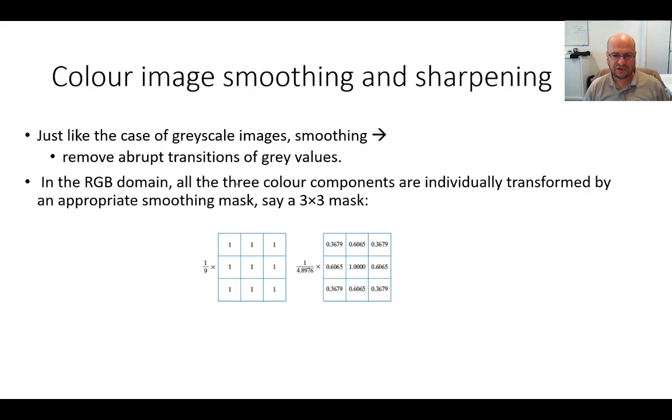We're going to have a kind of blurring effect on the 3 channels by applying an appropriate smoothing mask. Of course, that depends on what you want to get out of the image. You can apply either a box kernel or a Gaussian kernel to your image.